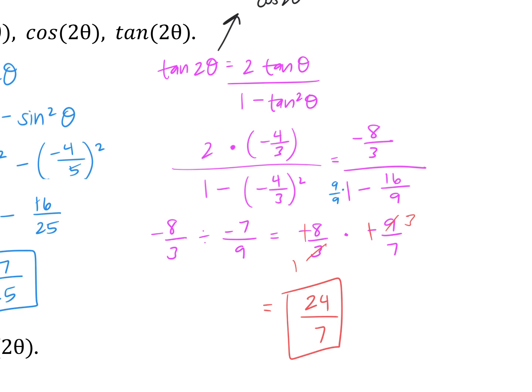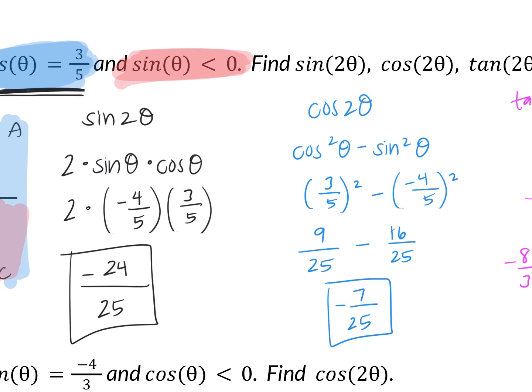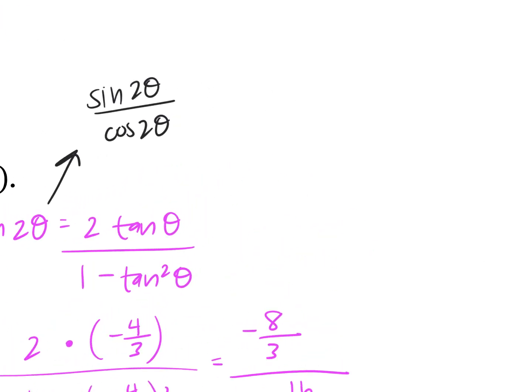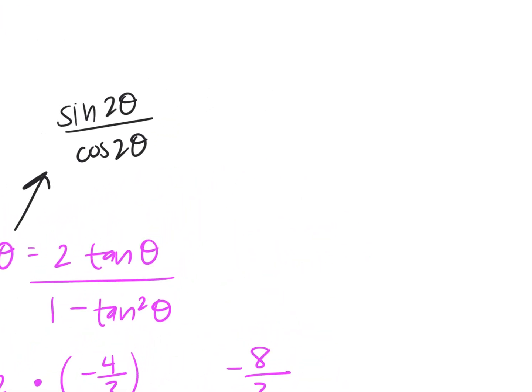But honestly, if this was me doing the problem, I was already given what sine of 2 theta is and cosine of 2 theta is, so I would just plug those values in. So I'm going to show you that method as well, because my cosine is this negative 7/25, and my sine is negative 24/25. So if I evaluated this and plugged in those two things, your sine of 2 theta is, what did I say, negative 24/25.